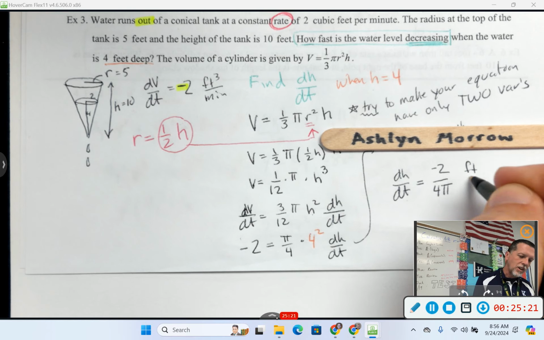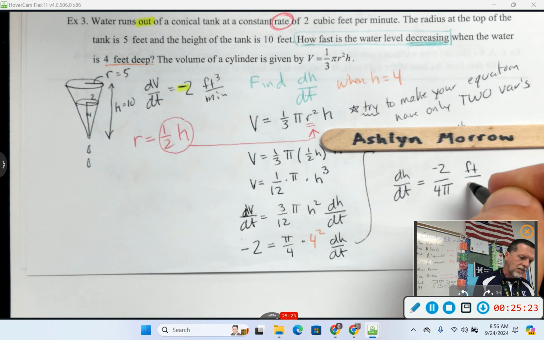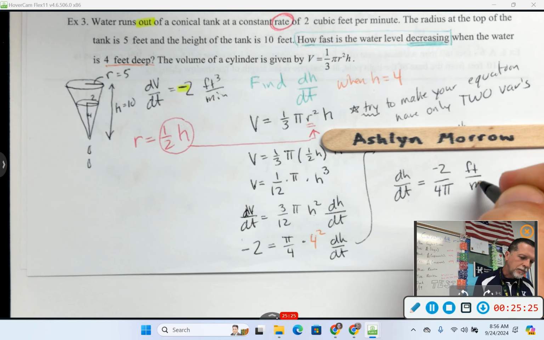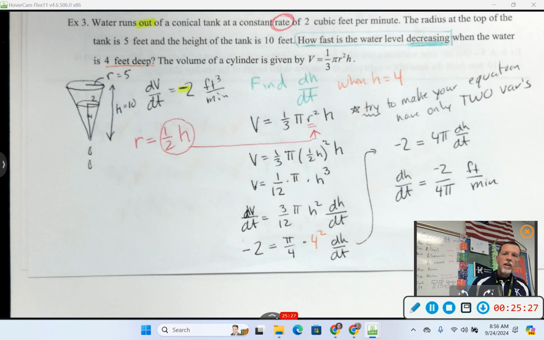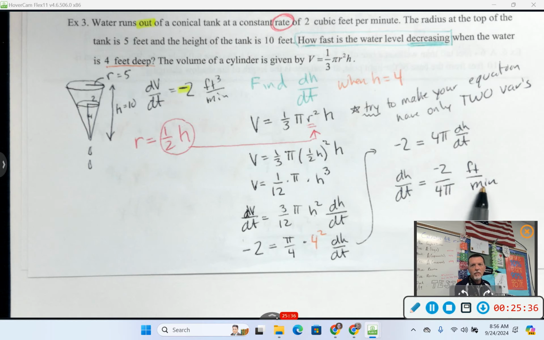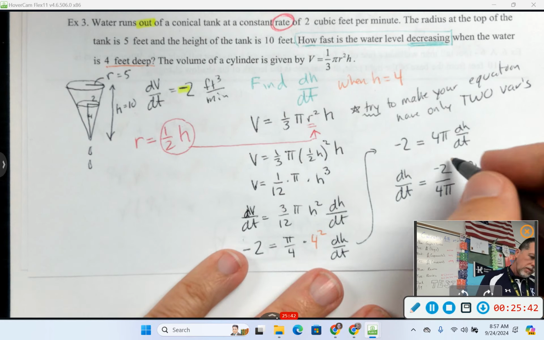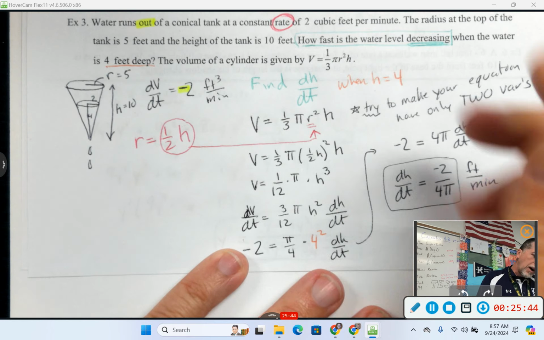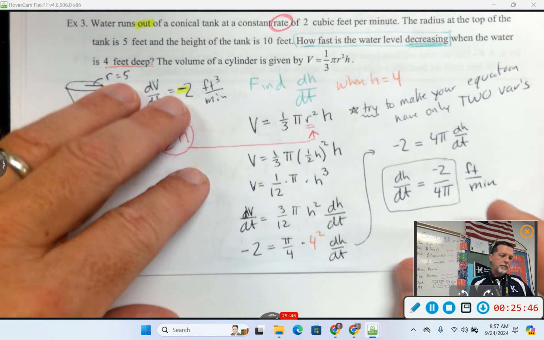And what's t measured in? Minutes. So that means the height of the water is decreasing at whatever that is, feet per minute. So every minute it goes down this many feet. That's how fast it's going down. I'm not going to box the units because we didn't ask for the units.